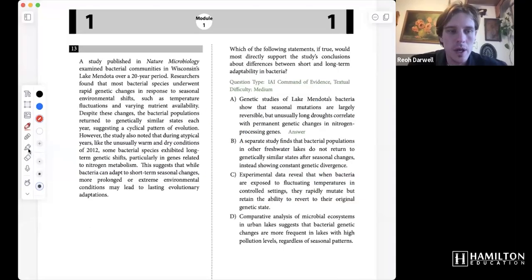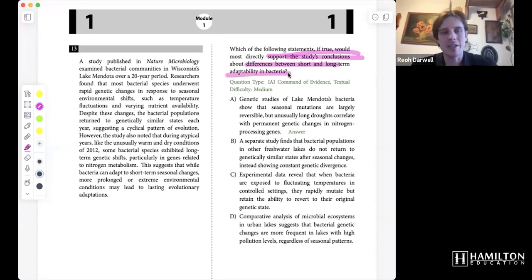All right, so we are looking at another command of evidence question here. We want to support the study's conclusions about differences between short and long-term adaptability in bacteria. So what is the study's conclusion about short and long-term adaptability in bacteria?